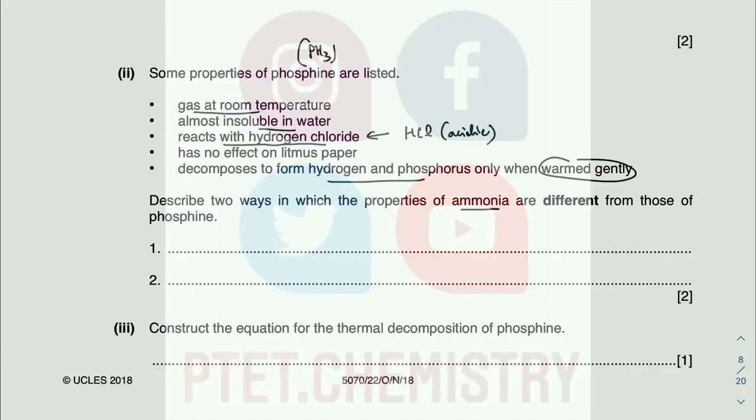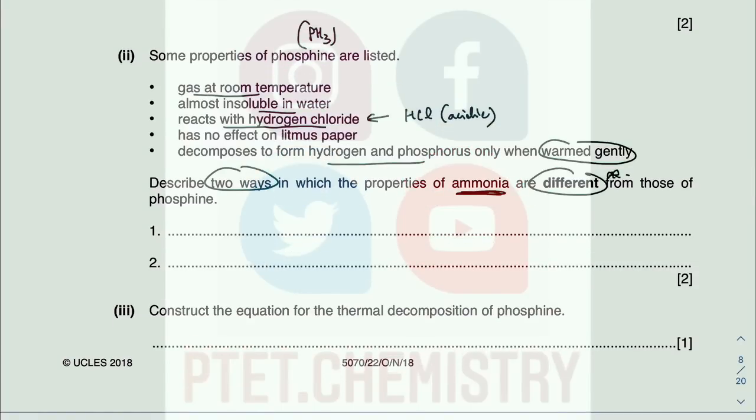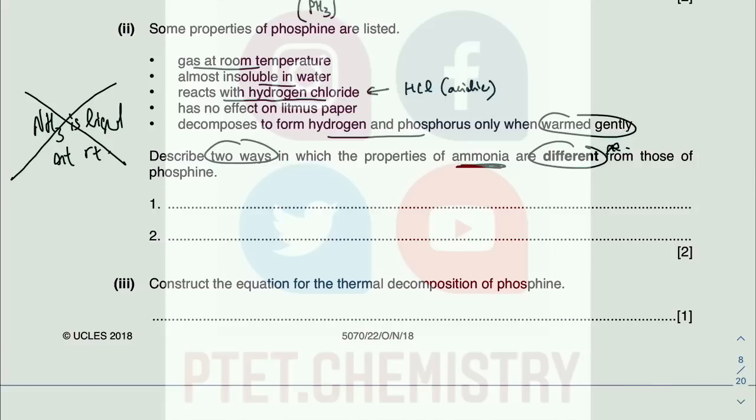Okay, so now you want ammonia. How are they different? They just want 2 ways. So the most common mistake I would say is people will say ammonia is liquid at room temperature, and that is wrong. Okay, that is very, very wrong. What you use in the lab is called aqueous ammonia.